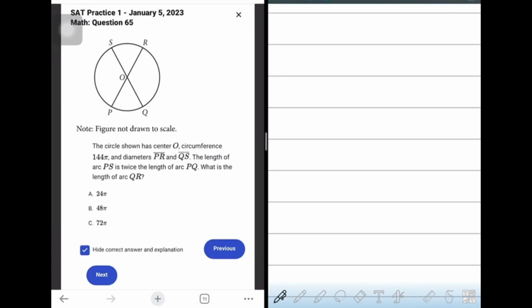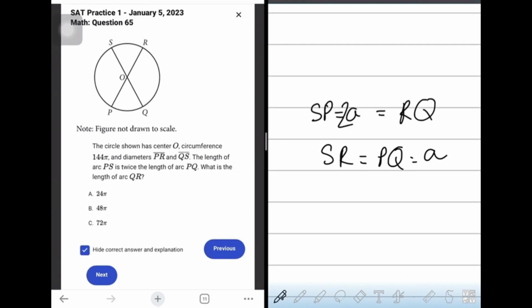Now we will do it together, okay? We let SP equal A, equal RQ, and then SR equal PQ equal 2A.